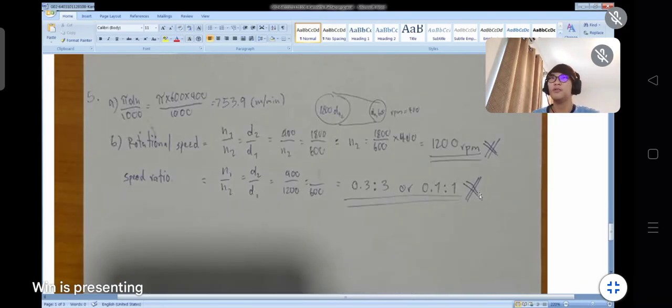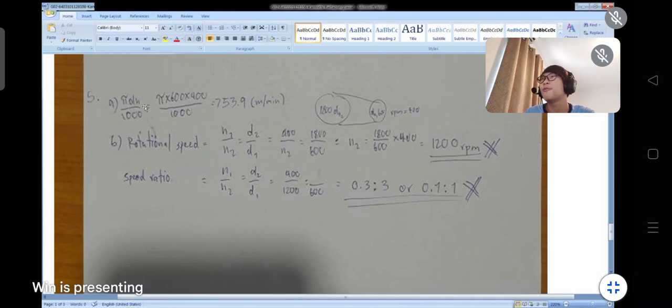The next one, which is the last one for me, it tells us that there are two driving and driver pulleys. And for this one, it wants to find the surface speed of the small one.